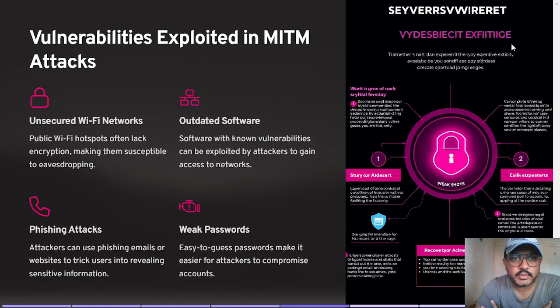Vulnerabilities exploited in MITM attacks are unsecured Wi-Fi networks, outdated software, phishing attacks and weak passwords.